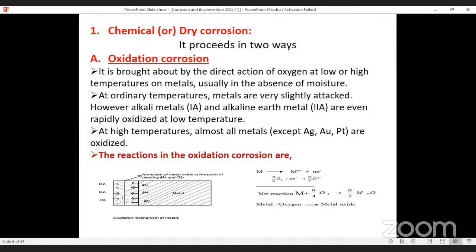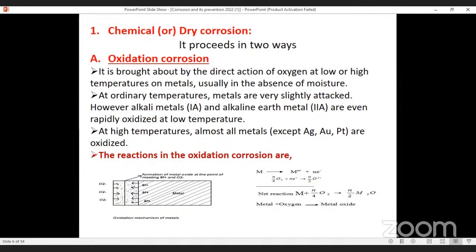The name itself says dry condition; there is no moisture content. At that time, the metal is exposed to oxygen. At that time, the metal combines with oxygen and produces metal oxide. The metal oxide formation may sometimes be stable, sometimes unstable, sometimes volatile, or sometimes porous.